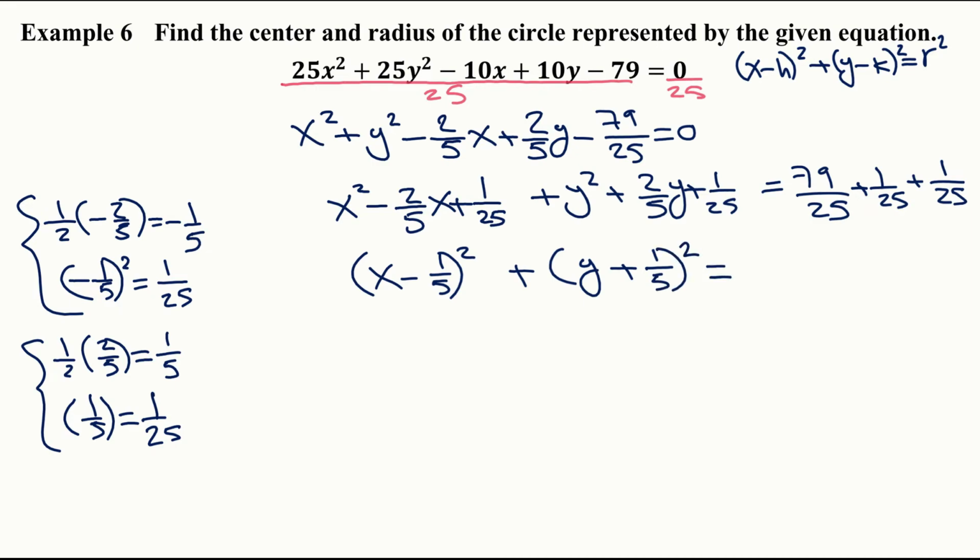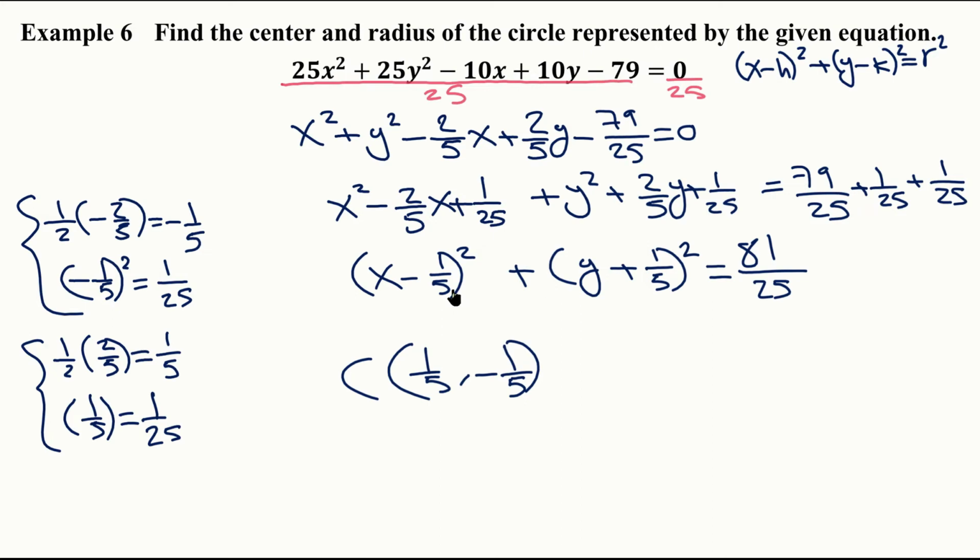And on the other side, we have all same denominators, so we just add the numerators, 79, 80, 81. So we get 81 over 25. So we basically have accomplished our goal. So remember, the center here is going to be 1/5, comma. Be careful here because it's positive. You want to write it as a minus, so the k is actually negative 1/5.